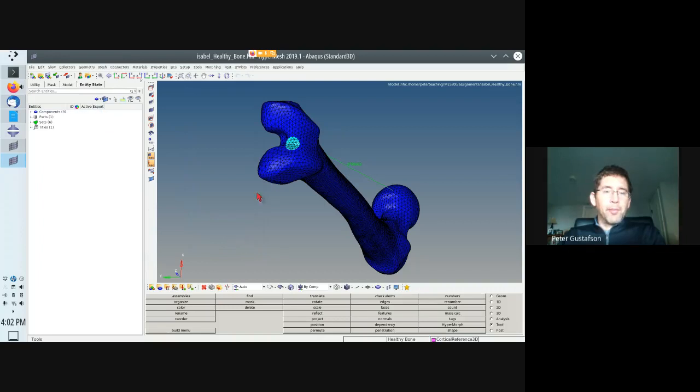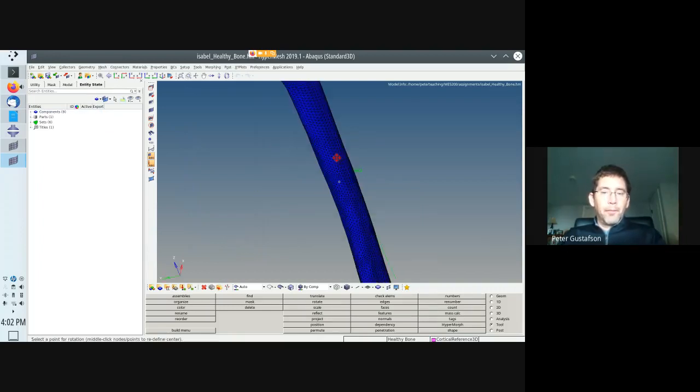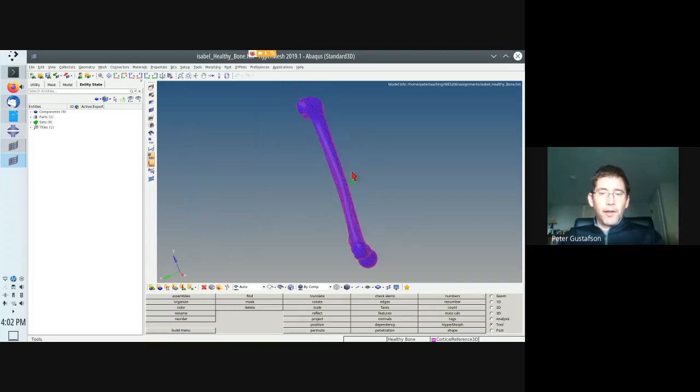So this happens to be a model that's a femur. And this femur was derived from, let's say, a CT scan. And so it doesn't have a really good underlying geometric definition.